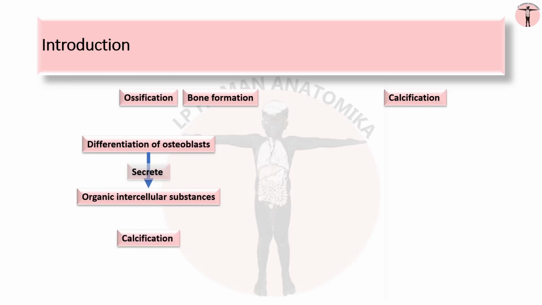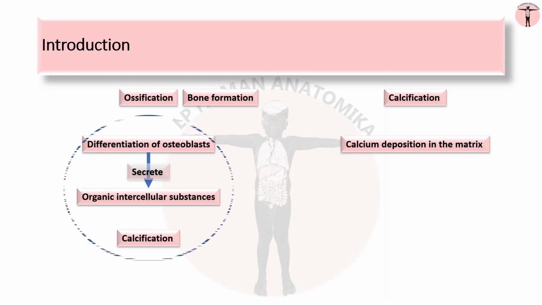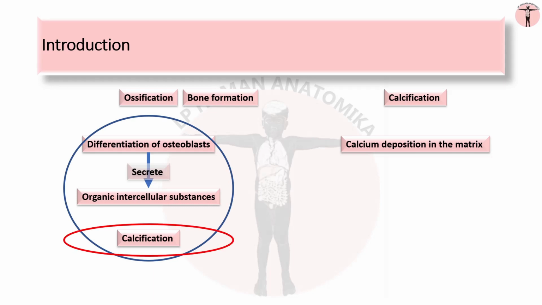Calcification takes place by depositing calcium crystals along and within collagen fibers. The entire process, including calcification, is called ossification, whereas calcification is just a part of it. Bone formation can happen without calcification in abnormal calcium metabolism, forming uncalcified bone called osteoid.